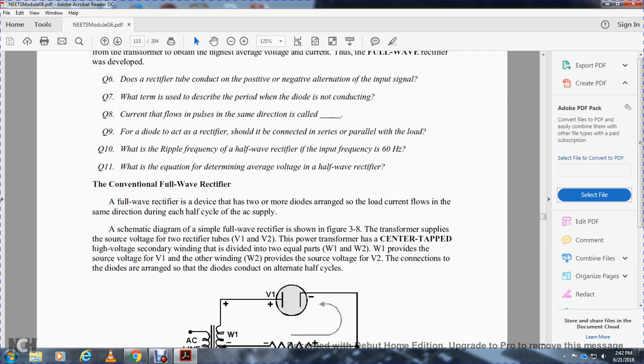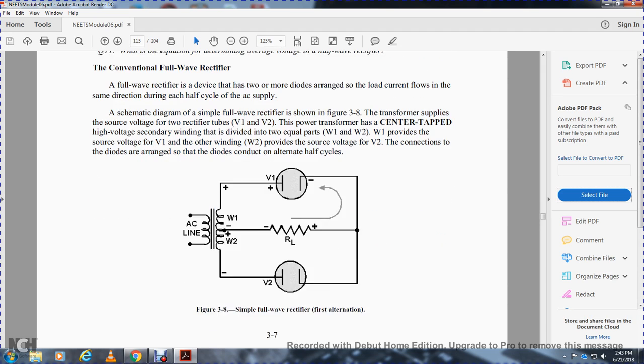Winding 1 provides the source voltage for rectifier 1, and winding 2 for rectifier 2. This shows the AC line, transformer, winding 1 and winding 2, each going into its own circuit in parallel, and both sharing the same load resistor.